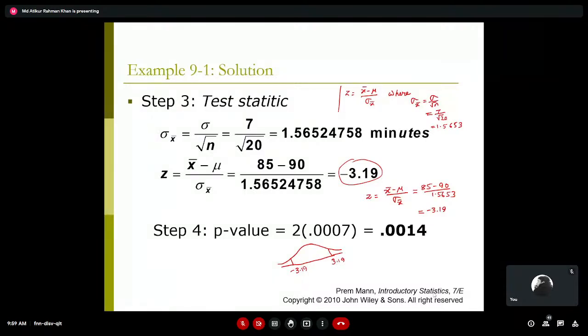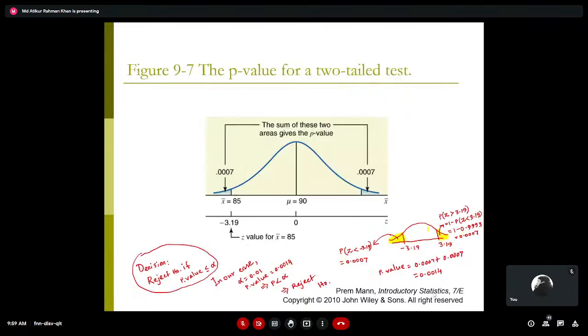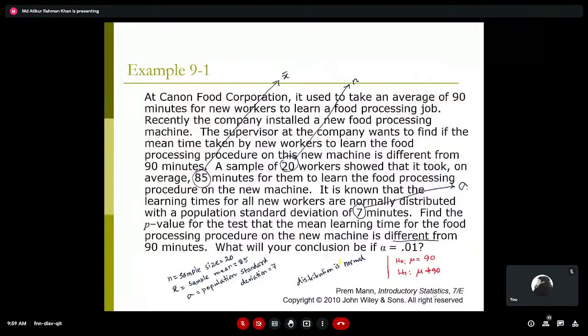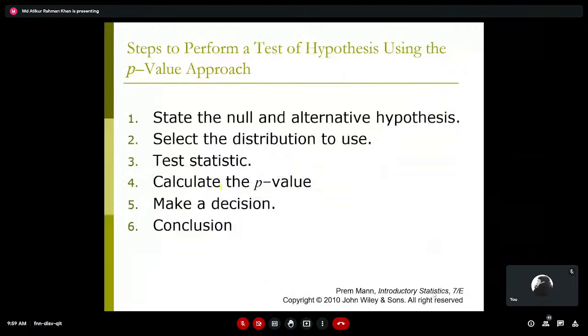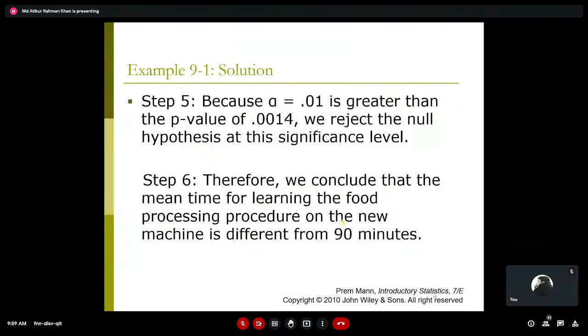So I need to identify this area. Essentially, that will be the probability from the left tail, and this area will be the probability from the right tail. So what I have to do is add this part to obtain this result. That has been done here. So we can calculate the probability as in step 4. Calculate the p-value.